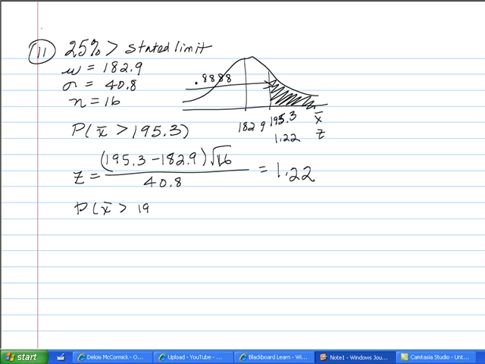What I'm looking at is that the elevator is not safe, because this is likely to happen. That is, their mean weight is greater than 195.3, which would put the elevator safety in question.